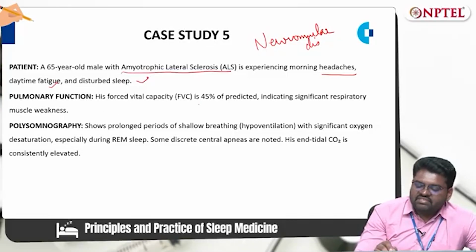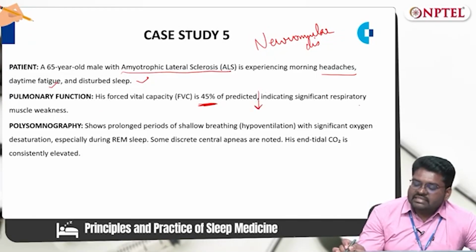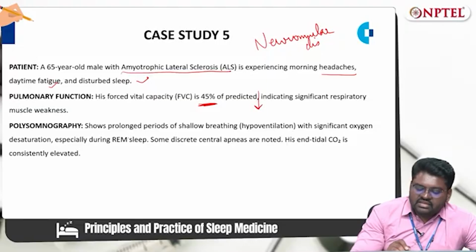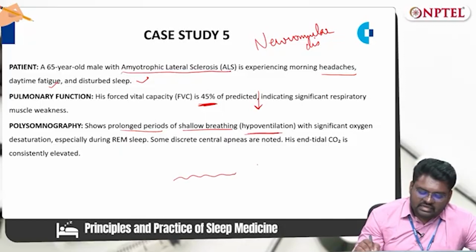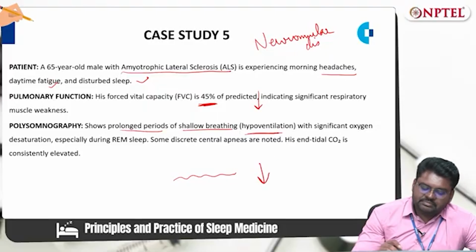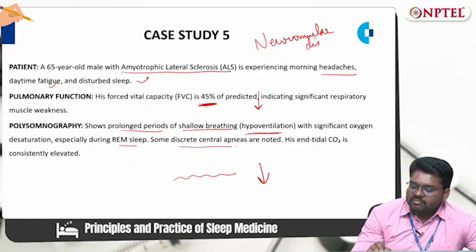Pulmonary function shows FVC is 45% of predicted, indicating significant respiratory muscle weakness. Polysomnography shows prolonged periods of shallow breathing, that is hypoventilation, with significant decrease in oxygen saturation, especially during REM sleep. Some discrete central apneas are noted.